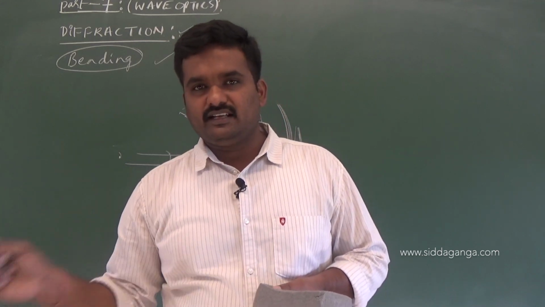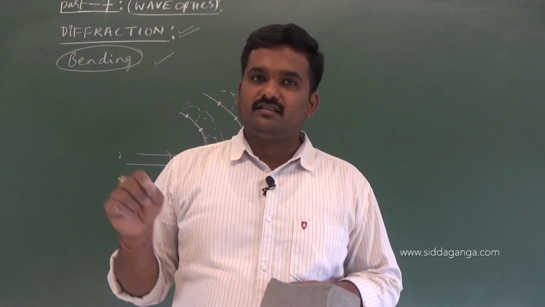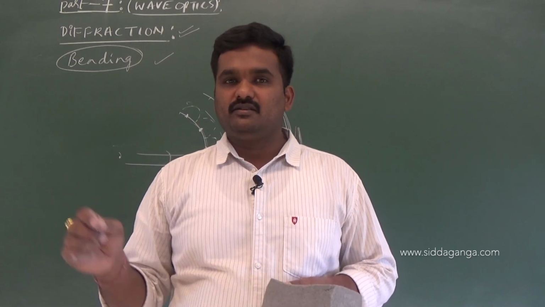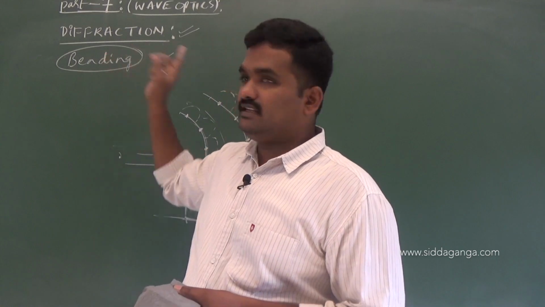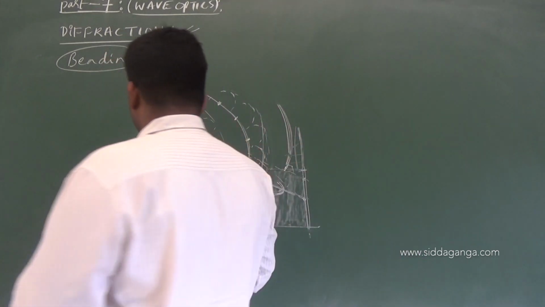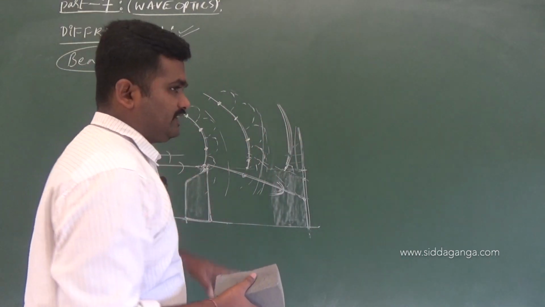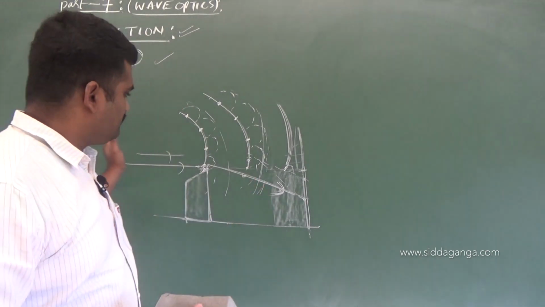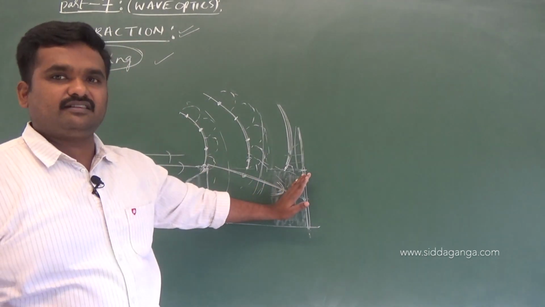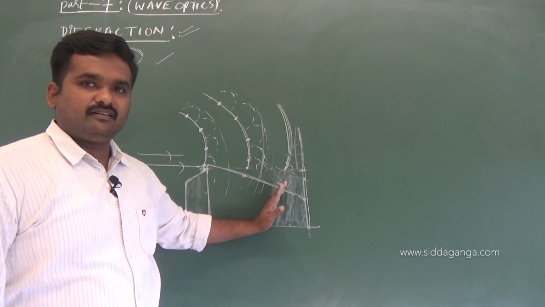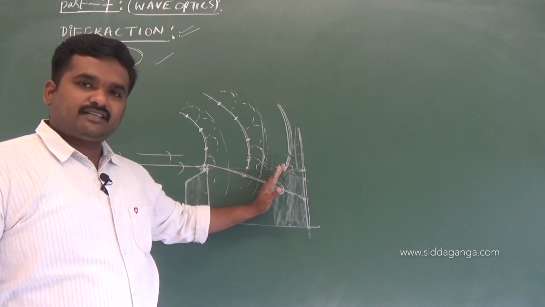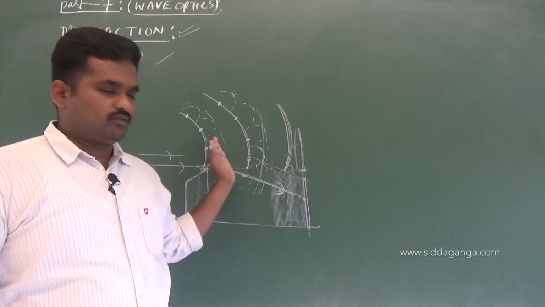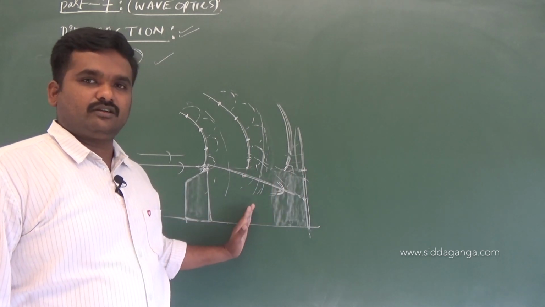Similarly, sound waves have larger wavelengths, so they can undergo diffraction very easily. So I hope you understood what diffraction exactly is: the bending of light into its geometrical shadow, or encroachment of light into its geometrical shadow.